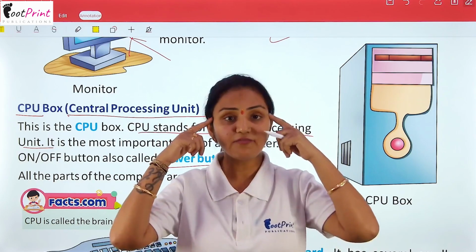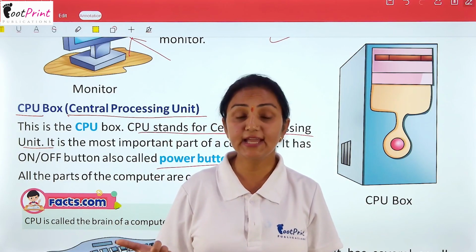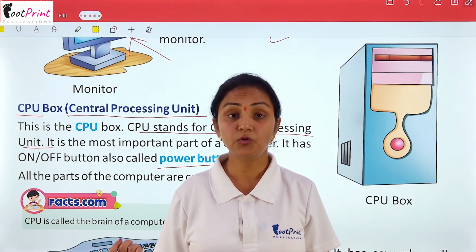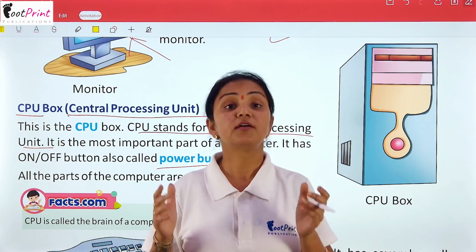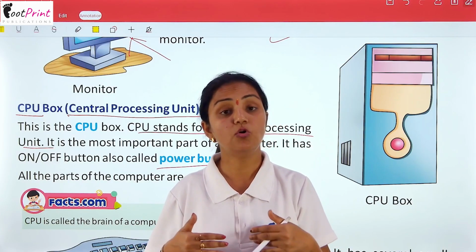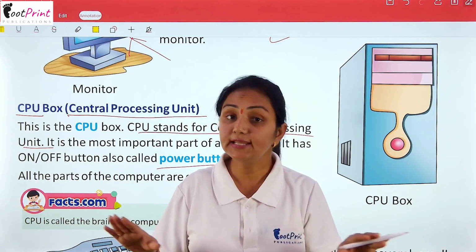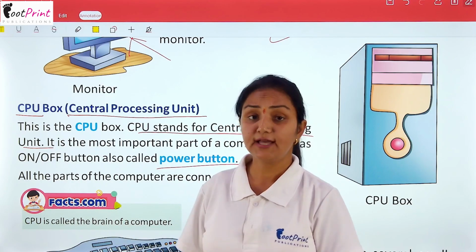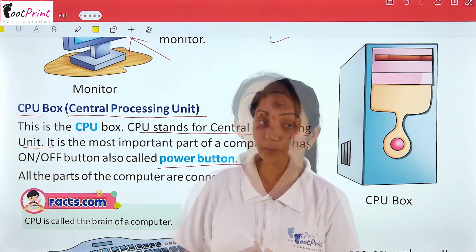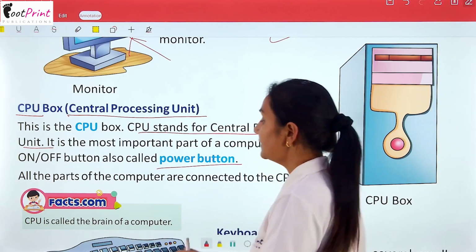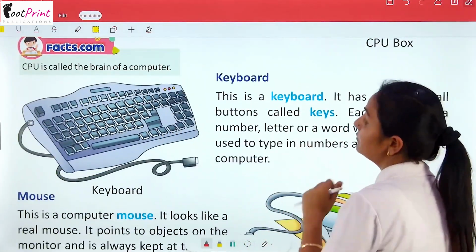If we don't have a brain, can we do any activity or any work properly? No, we can't. In the same way, if a computer does not have the CPU, it cannot perform any task. Yes. So that's why it is the most important part of the computer. Clear?